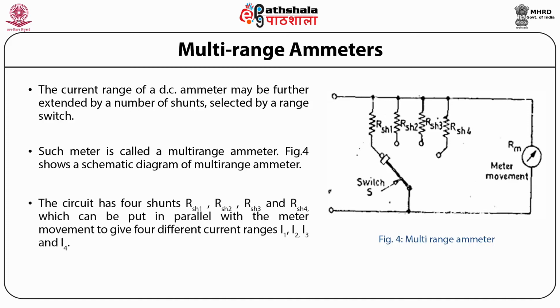The circuit has four shunts: RSH1, RSH2, RSH3 and RSH4, which can be put in parallel with the meter movement to give four different current ranges, that is I1, I2, I3 and I4.